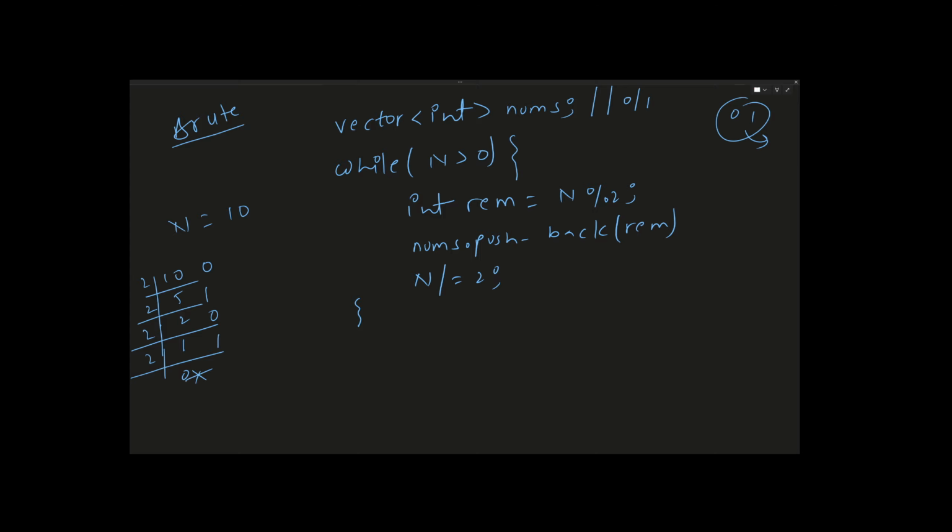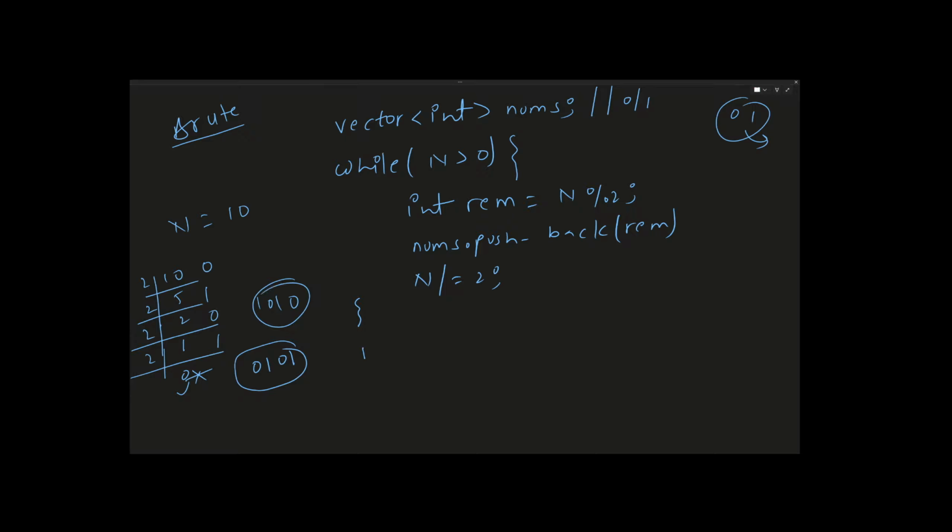When the quotient is 0, we stop the operation. In nums, the order is 0 1 0 1, which is the reverse order of 1 0 1 0.